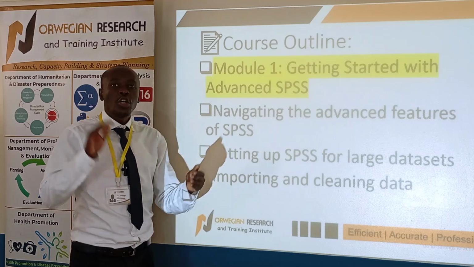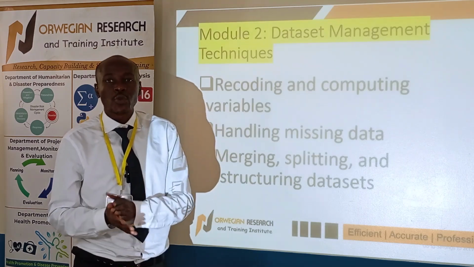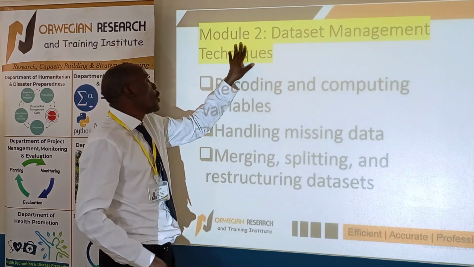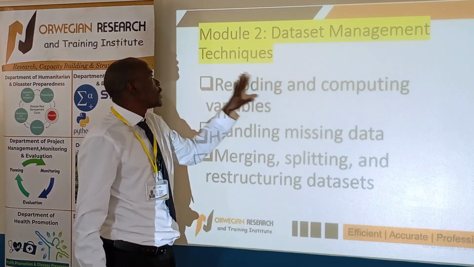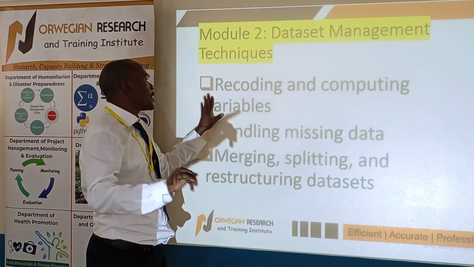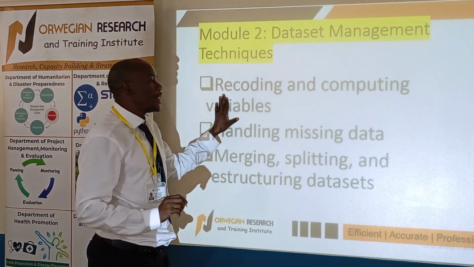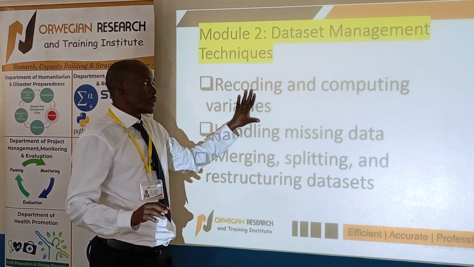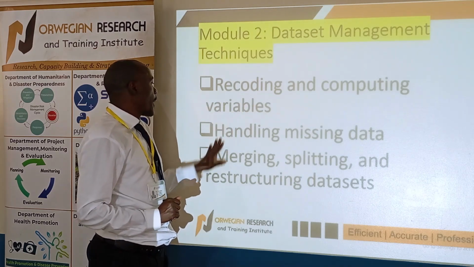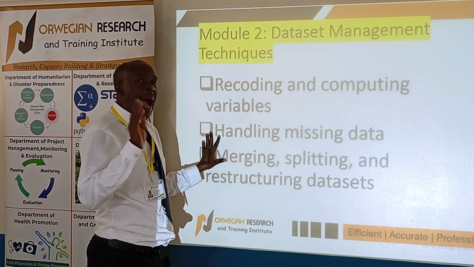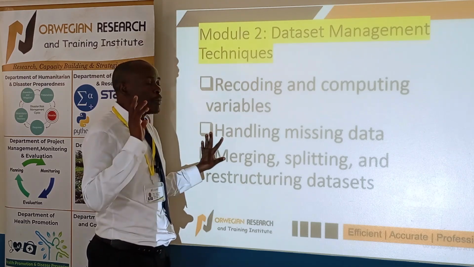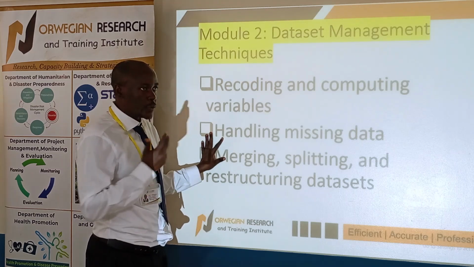So let's move now to module 2, and we look at what exactly we are going to cover in module 2. In module 2, we shall cover dataset management techniques. The first is recoding variables and computing variables. Next, we are going to look at how we handle missing values and how we can rectify the missing values.